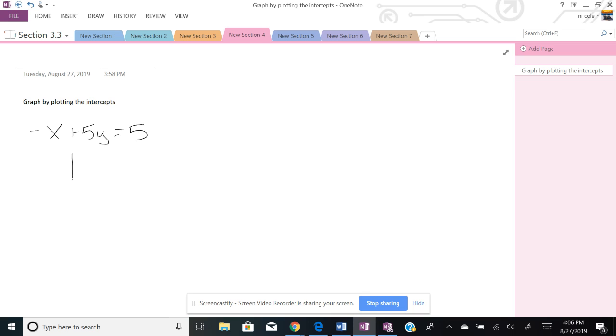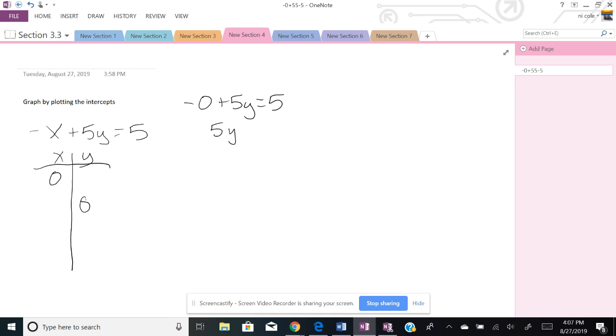Another example. x, y, you want to pick a 0 and a 0 for your x and your y. So I put in 0, negative 0 plus 5y is equal to 5. 5y is equal to 5, divide by 5, divide by 5, y is equal to 1. Then here again, I do negative x plus 5 times 0 equals 5 for my next set of points.